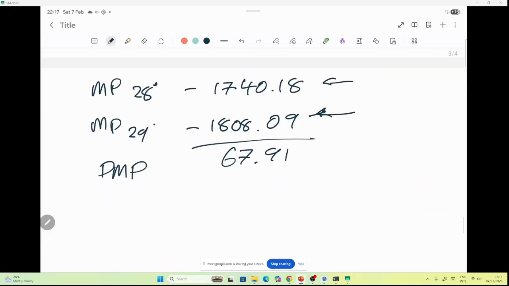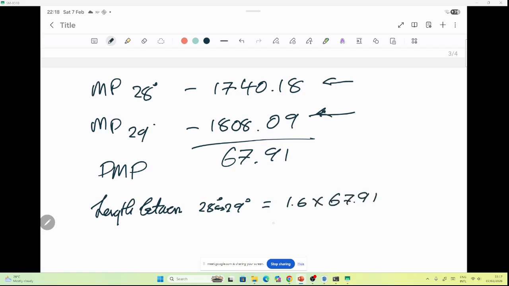So how much is the length between 28 degrees and 29 degrees? You have to multiply 1.6 by 67.91. So that is how much?